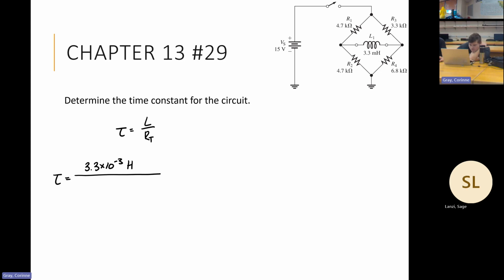You see that? Yeah, it's just one or two. It would be all the resistors.